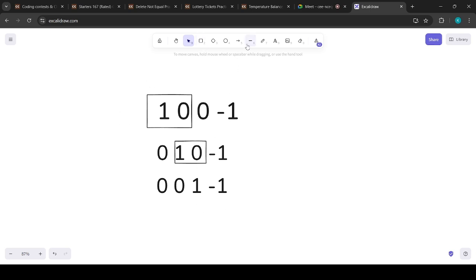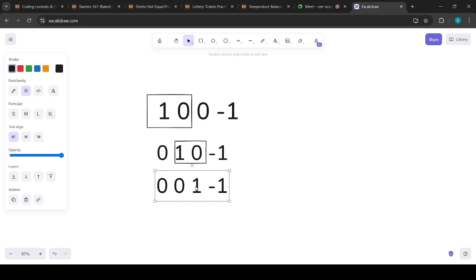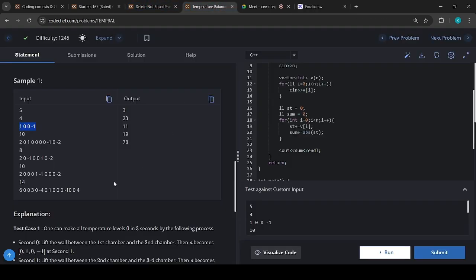And after 3 seconds, we can say that it will become 0 and it will become 0. So after 3 seconds, all the chambers become 0 degrees Celsius, and we also have the output as 3.